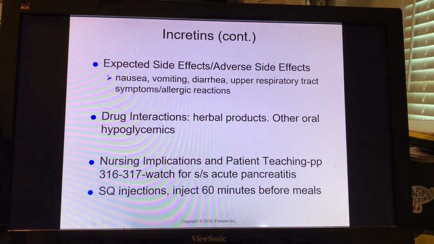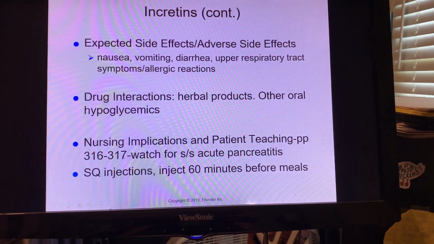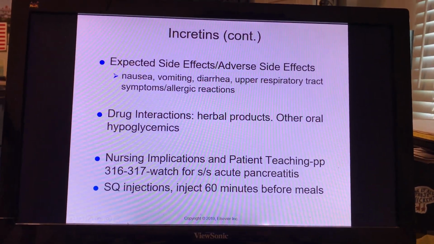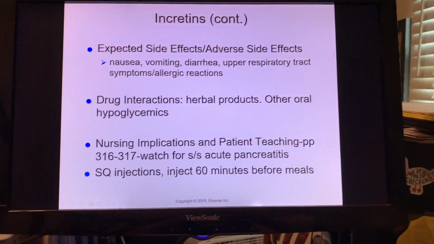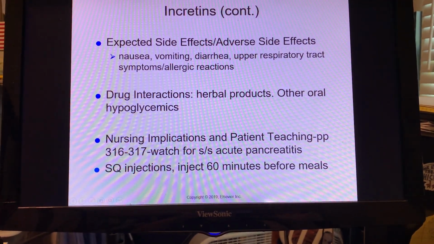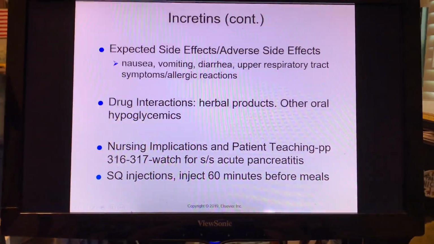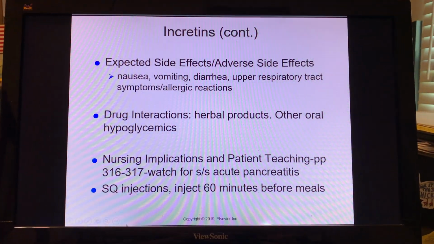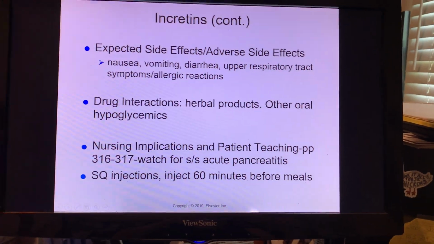Because this can have an effect on the pancreas, you want to watch for signs and symptoms of acute inflammation or infection in the pancreas. Like I said, these are given sub-Q, and you would inject 60 minutes before a meal. You want to make sure you take it about an hour before you eat.